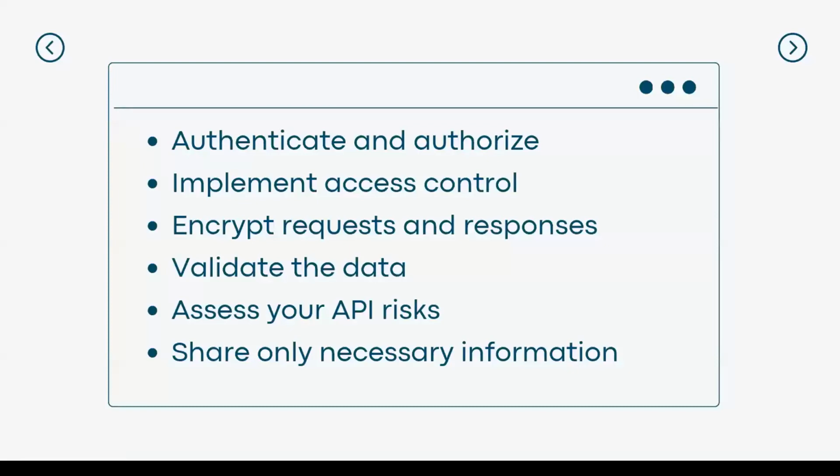Authorization is to determine what action or data can be accessed. Who is trying to access a particular resource? Is that person authorized to access this particular resource? That's what authorization does.